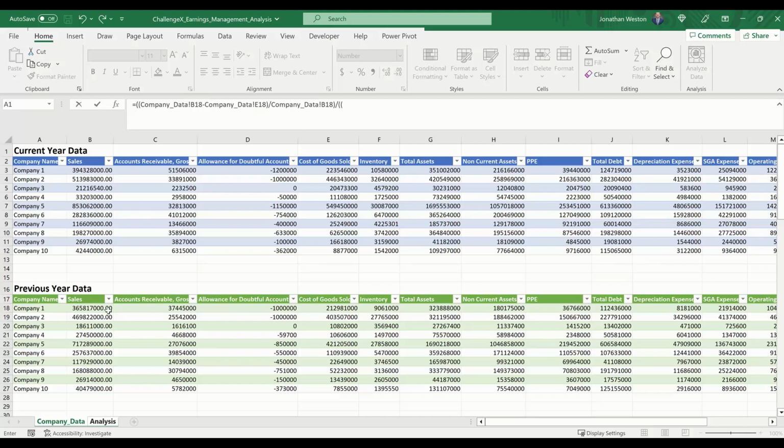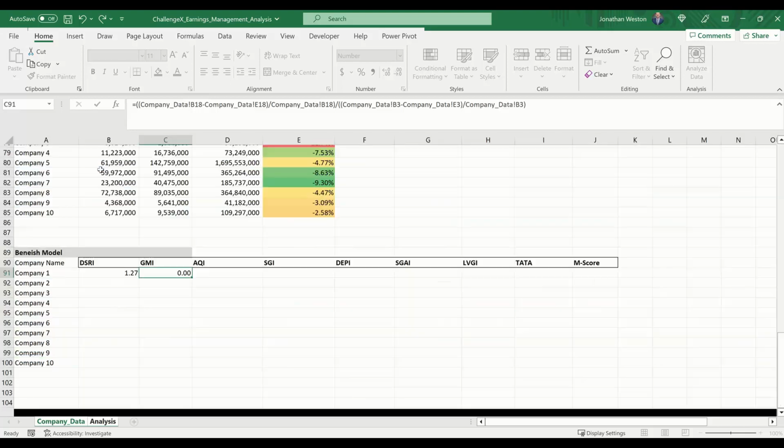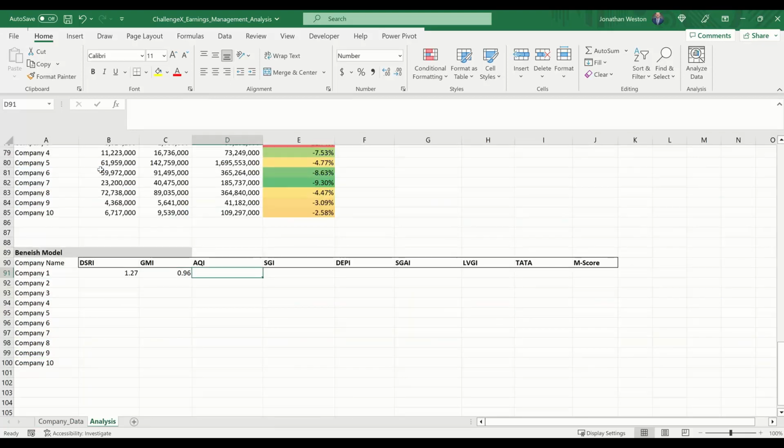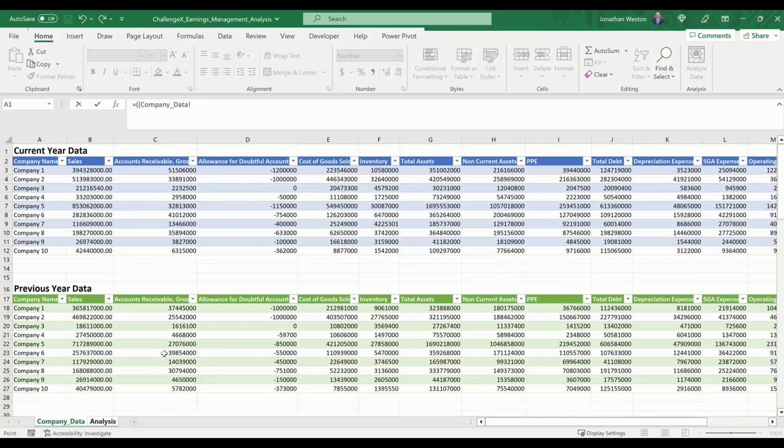All of that over sales minus cost of goods sold divided by sales. Next is the asset quality index, which is non-current assets minus PP&E over total assets for the current year divided by the previous year. So we get non-current assets, subtract PP&E, divided by total assets.